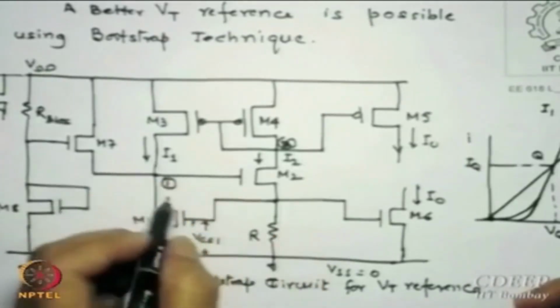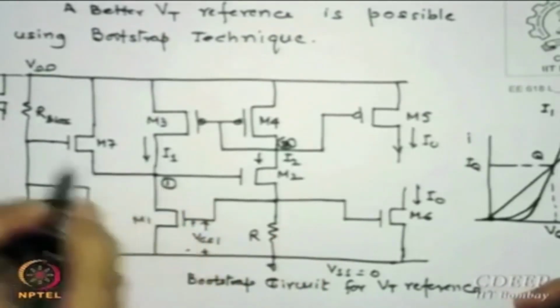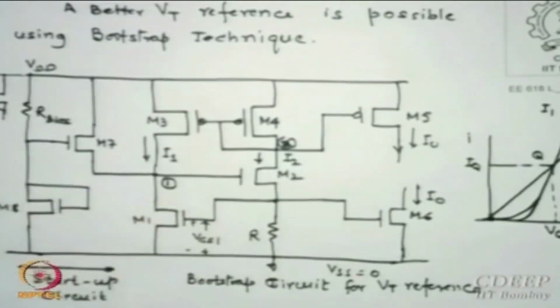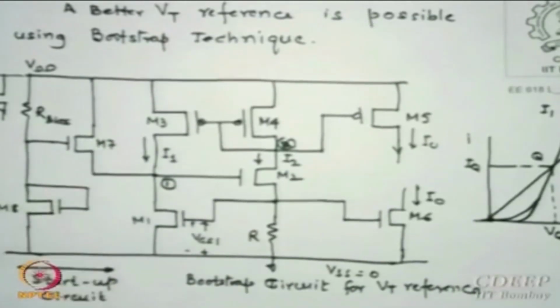When everything is 0, this potential is at 0, this potential is at a positive value. So what is it creating? A VGS for M7 which is larger than threshold, okay. VGS for 7 is larger than VT. So what it will start doing, M7 starts conducting.